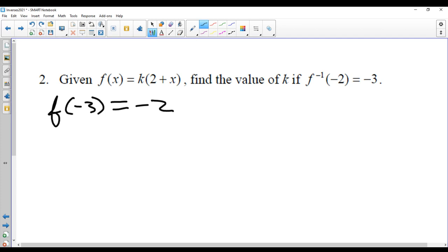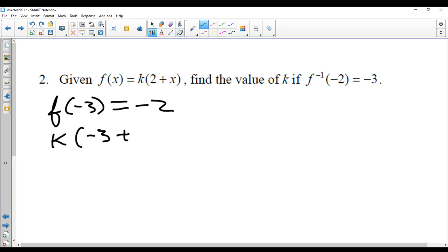I want to make sure everybody understands what I just said, right? Inverses reverse the direction, right? It takes you back to the original thing that you put in. So what this means is that if I put minus 3 in here, I should get minus 2. So k times minus 3 plus 2.